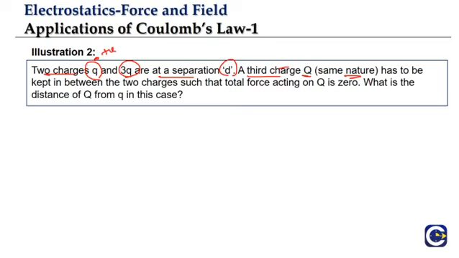This third charge capital Q has to be kept in between the 2 charges. If I have Q here and 3Q is here, somewhere in between we have to keep it. The distance between the 2 charges is D.